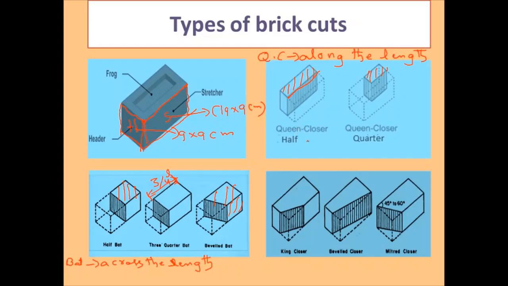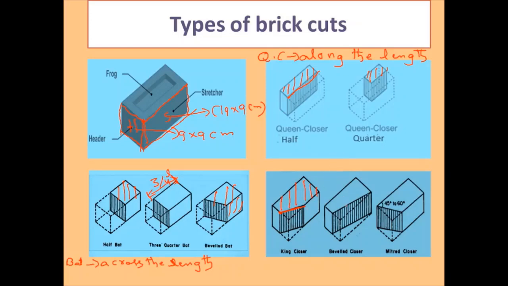and this portion is called queen closure half. Then if you make a cut from the center of the header to the center of the stretcher like this, then the portion of the brick obtained is called king closure.